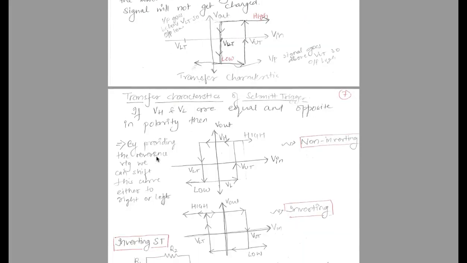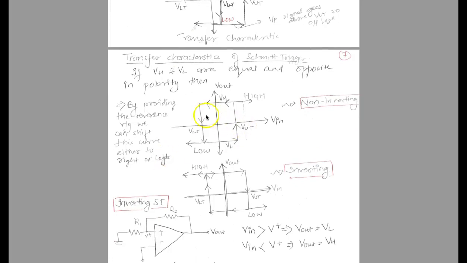Let's quickly move on to here. This is the hysteresis curve, or you can say the transfer characteristics of a Schmitt trigger, where this is your input voltage and this is your output voltage, and that's how your curve looks. In the case of a non-inverting op-amp, this limit is going to be your upper threshold limit, and this is VH and VL.